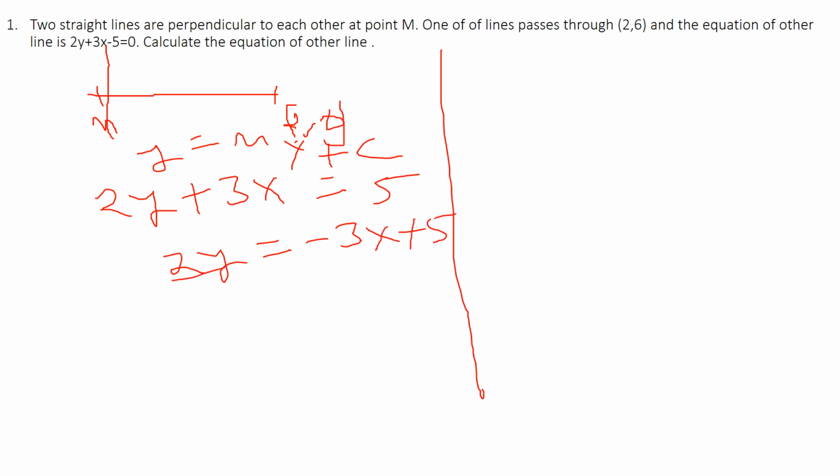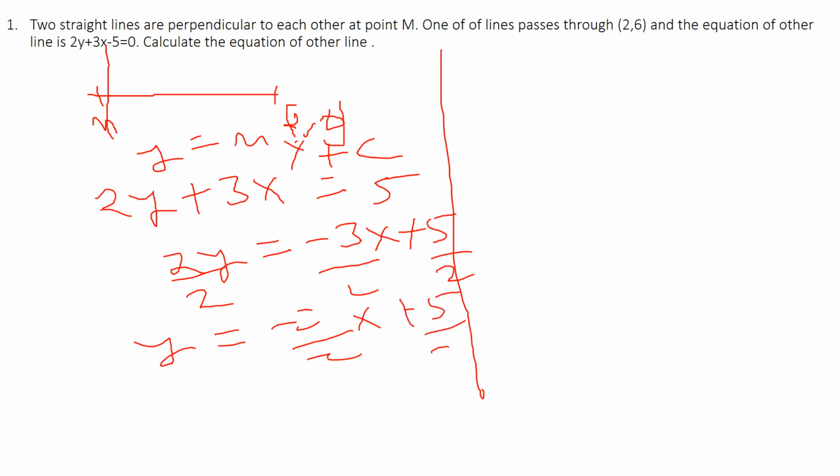Then I can divide this side by 2, and also this side by 2, and also this side by 2. So I'll have my equation being y = -3/2 x + 5/2.